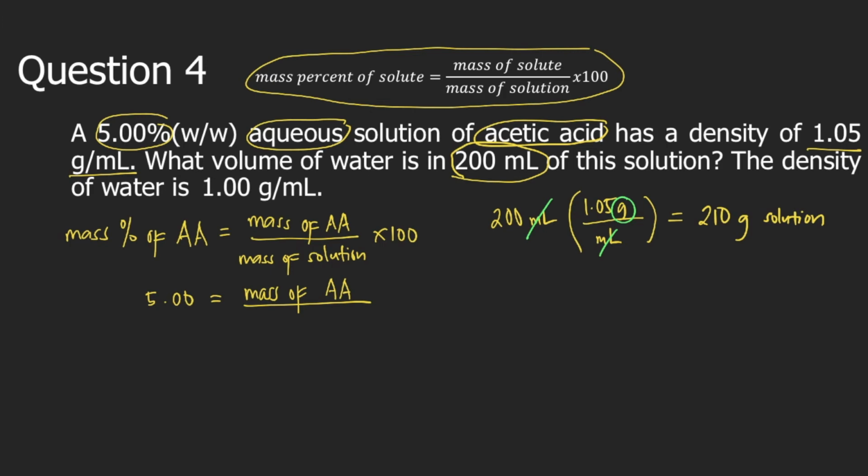Now you can plug this into your equation for mass percent. 210 grams times 100. So let's solve for the mass of acetic acid. The same as what we did in question number 3, divide both sides by 100.